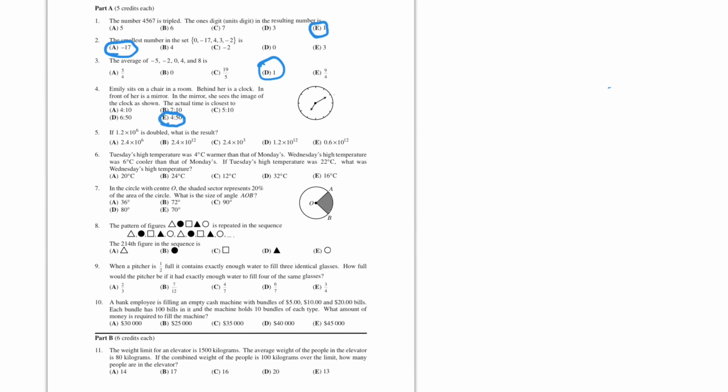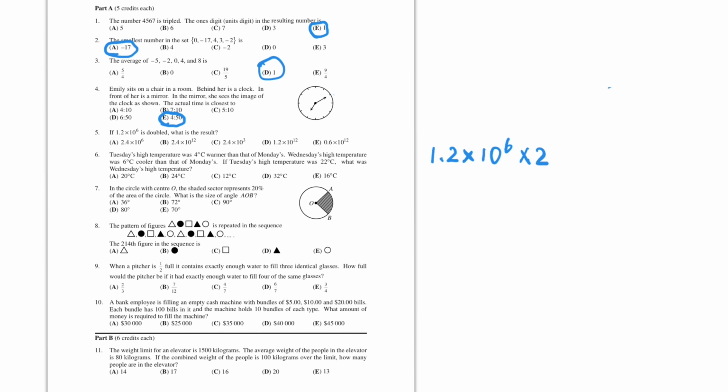Number 5, if 1.2 times 10 to power 6 is doubled, what is the result? So it's just the 1.2 times 10 to power 6 doubled. That means times 2.